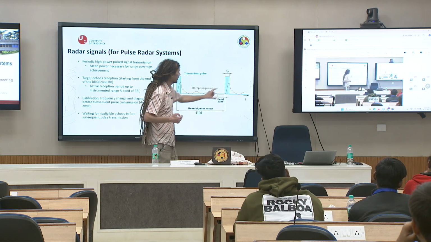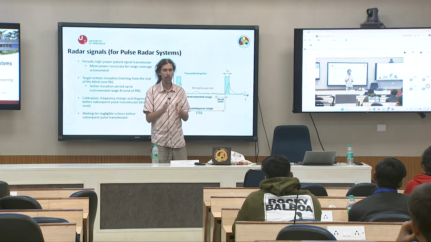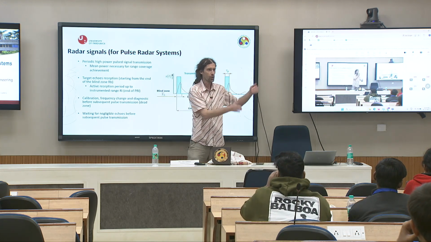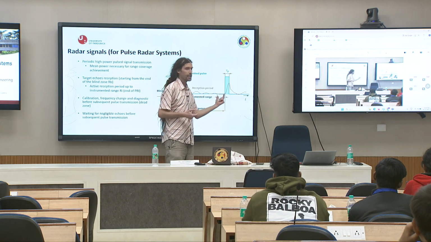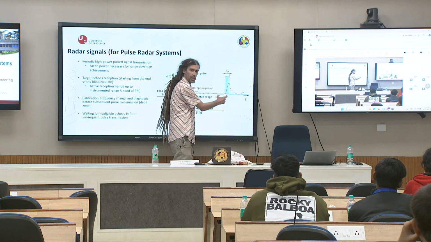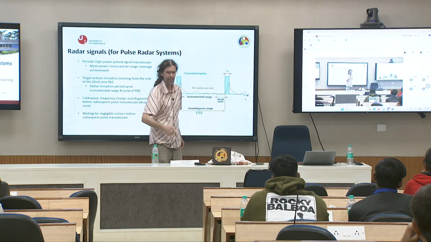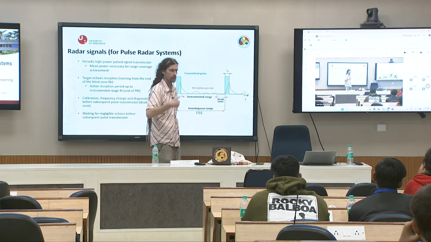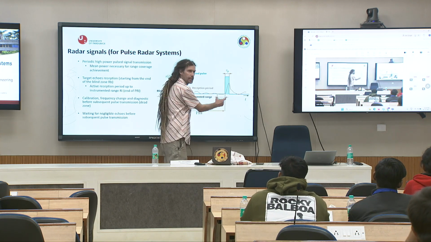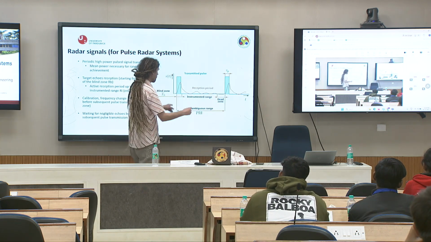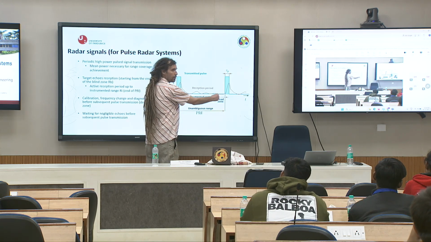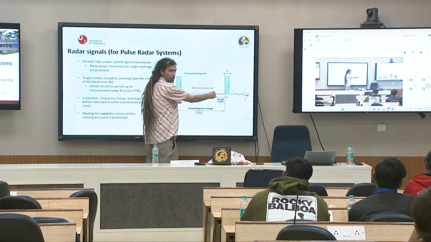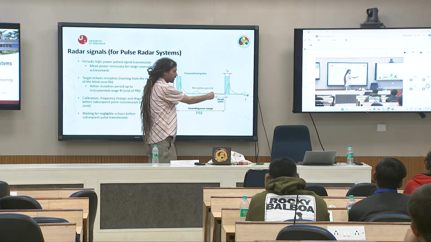Imagine if this pulse and this pulse are in some mode, short one, long one, short one, long one, or something like this. I need to switch. So in this time I use it for switching and maintenance, and for all this I use the dead zone. So this is my unambiguous range where I can record my received signal.